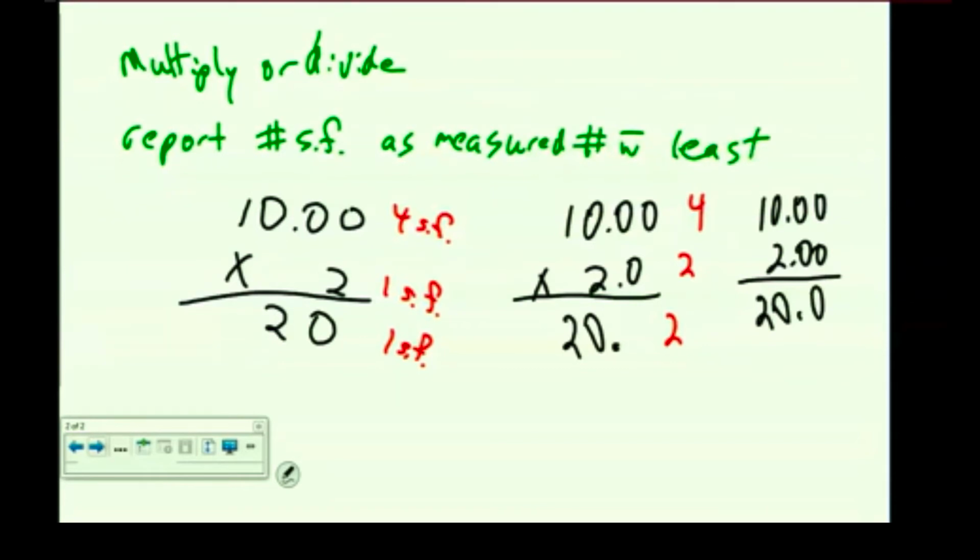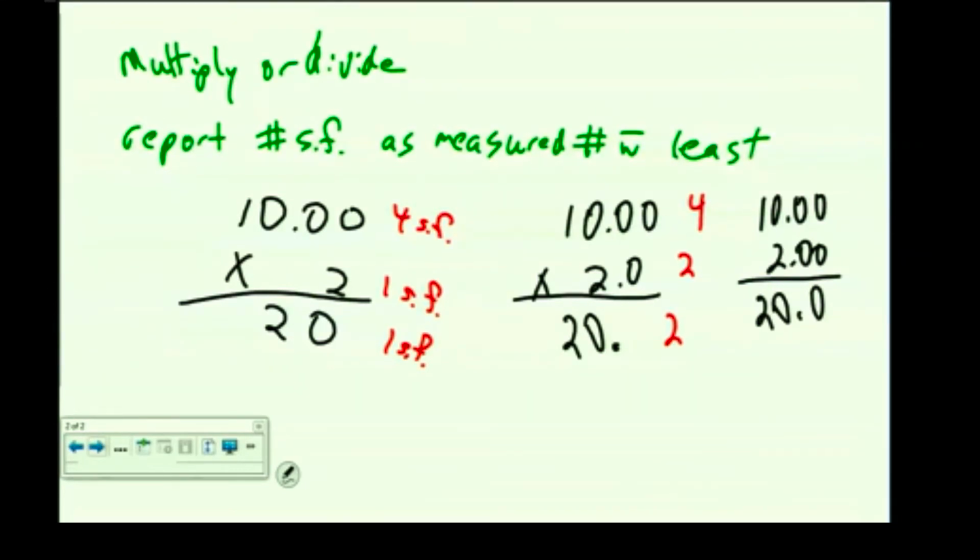4, 3. 3 is less than 4, right? So we have to have 3 in our answer. Fair enough? So it has to be 20.0. Why do we do this? Well, because this measurement was very precise, but this one was just like, yeah, it's about 2.